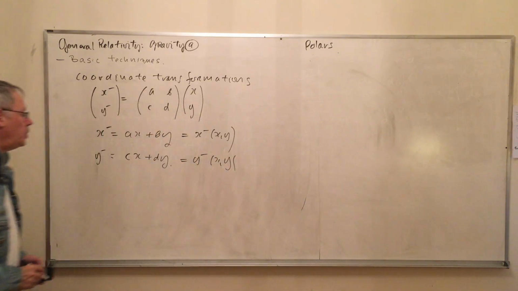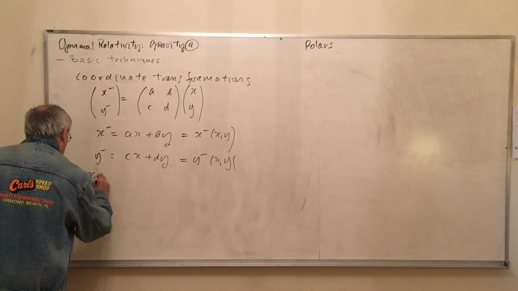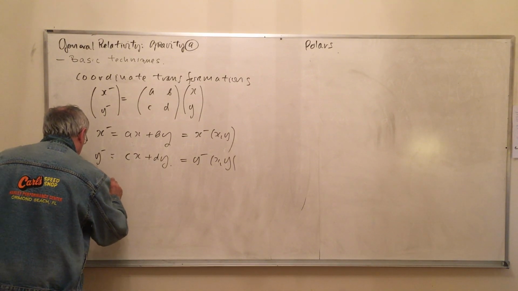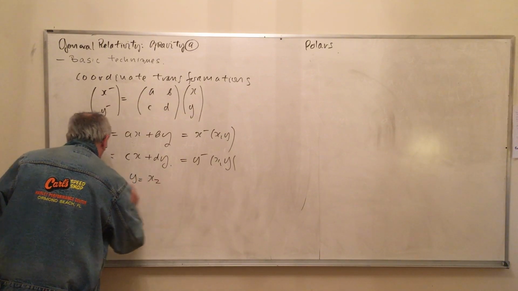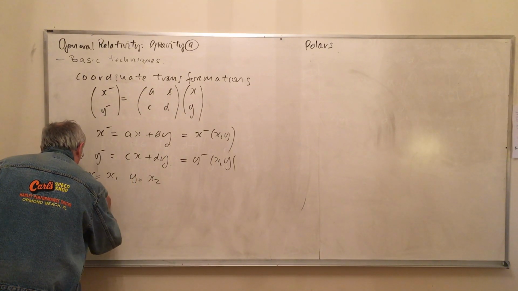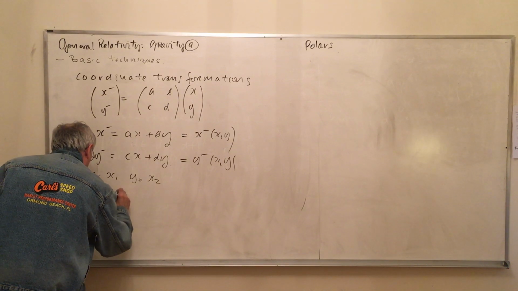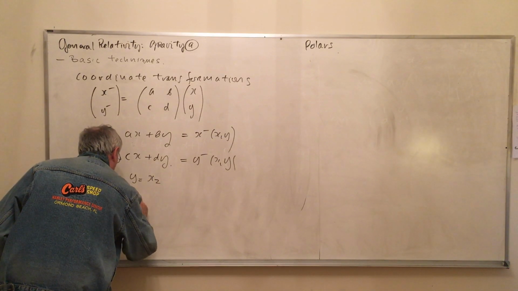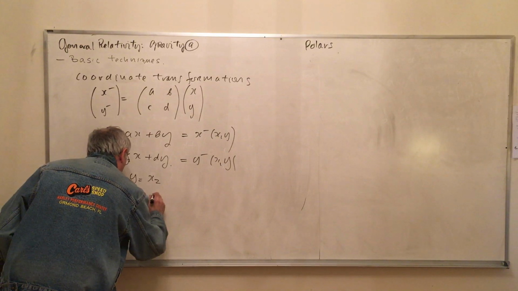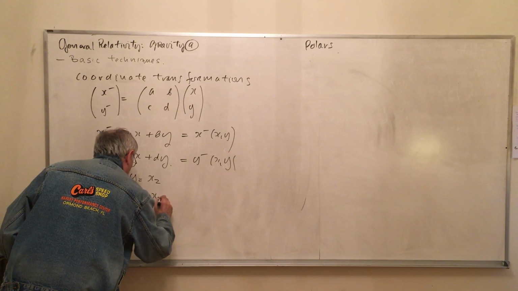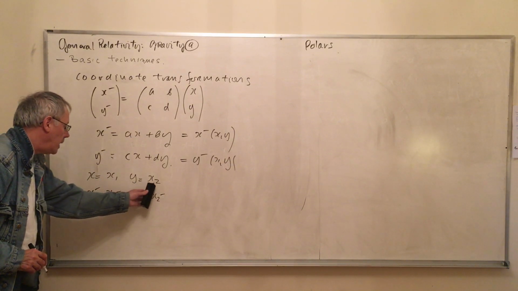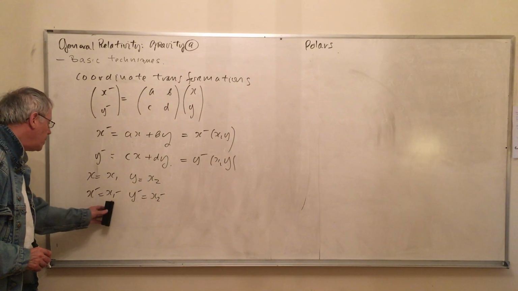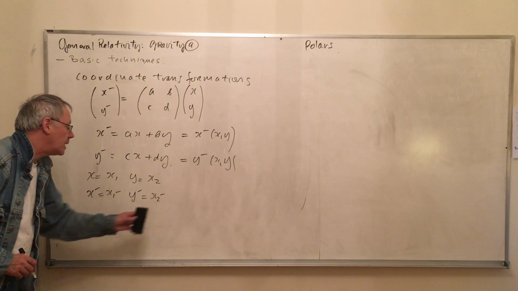But I'm going to write it a new way now. We'll just go subscript x equals x1, y equals x2, x dash equals x1 dash, y dash equals x2 dash.